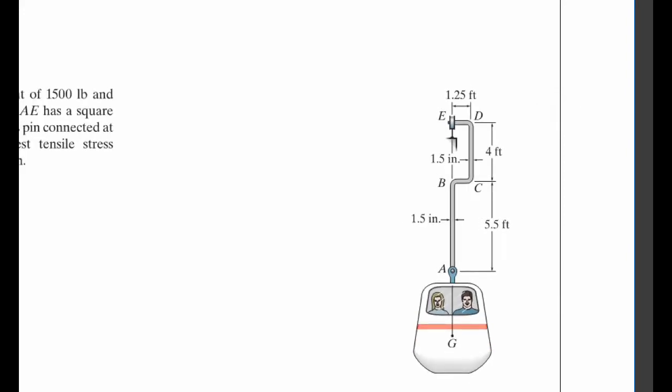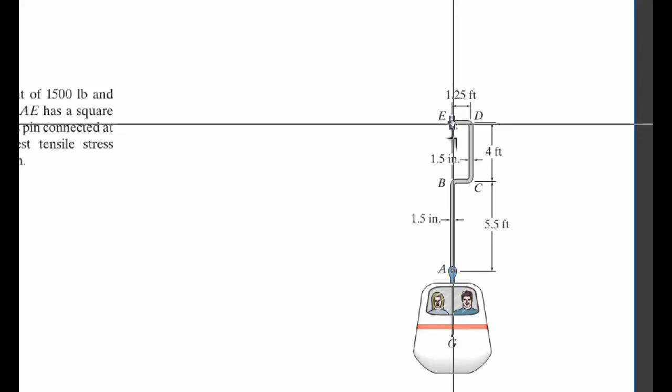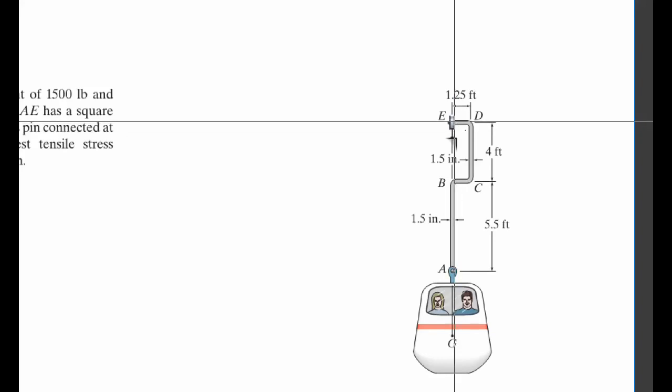Oh, the suspender arm is referred to as the entire thing, A, all the way down to D. They're saying that you have an applied load of 1,500 pounds downwards, and the suspender arm has a square cross-sectional area of 1.5 by 1.5.